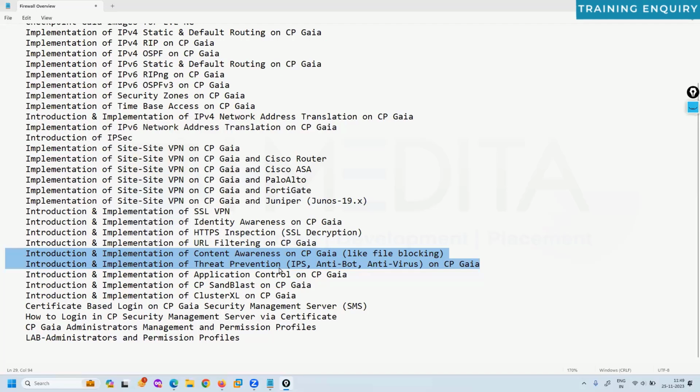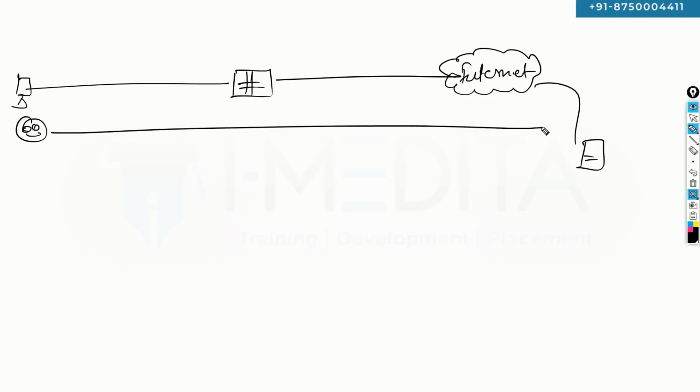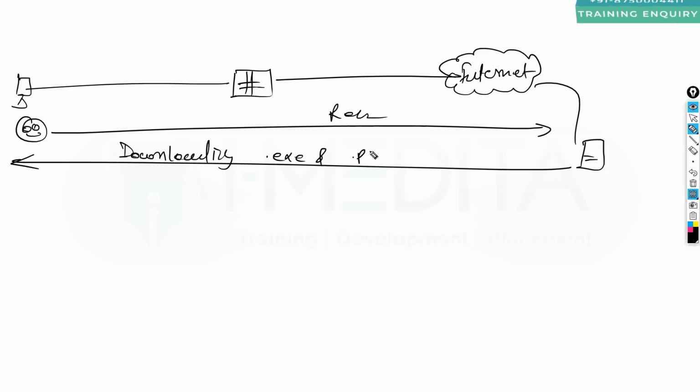Here we have a client and a public server. The client is sending a request to the public server, and from that server the user is downloading, for example, an .exe file and a .pdf file. We are taking only two as an example. So the user is downloading two types of files, exe and pdf.